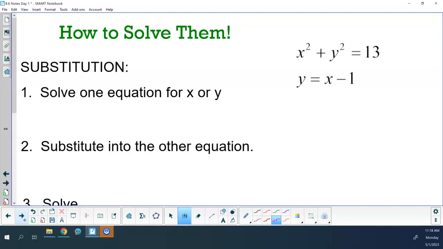In this particular case, that's done for us because we have y equals x minus 1. So we have that done.